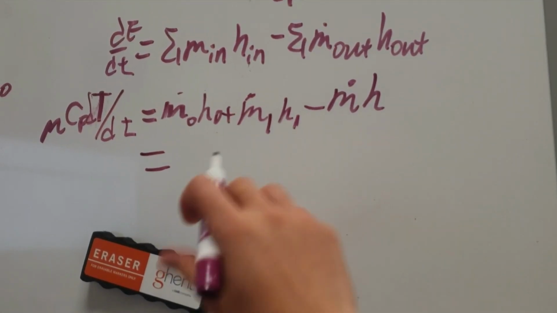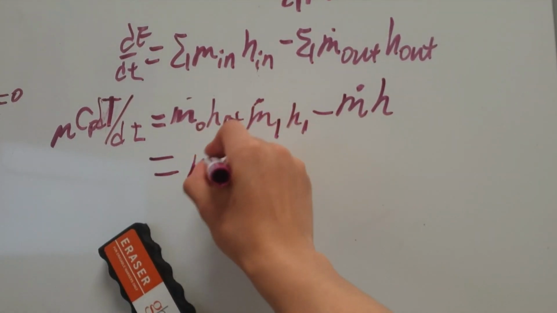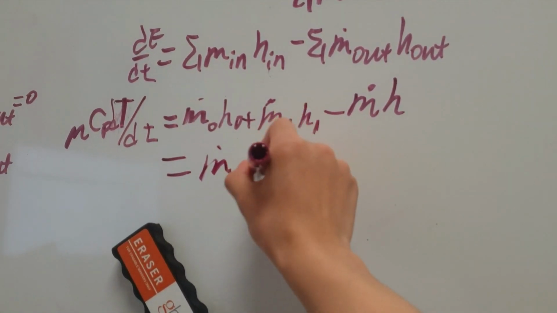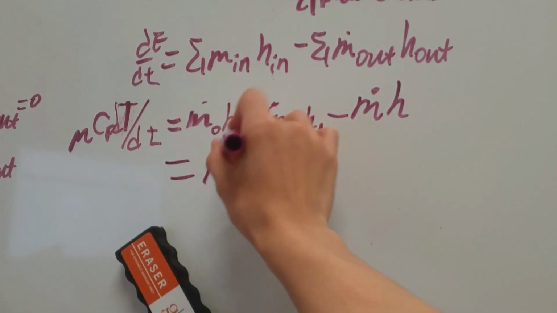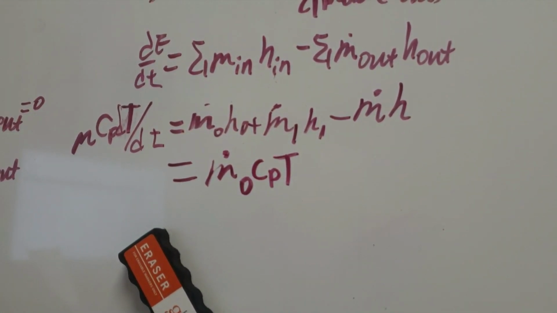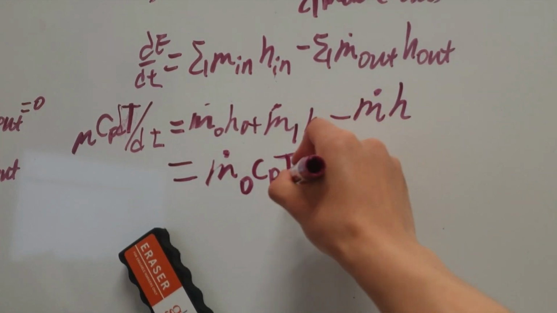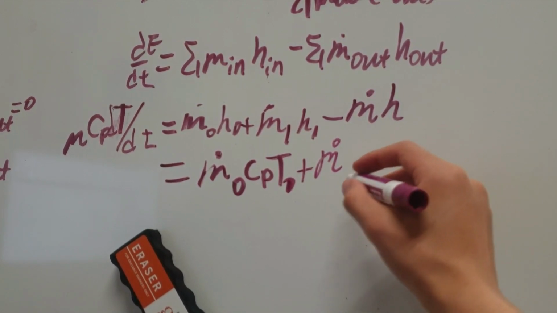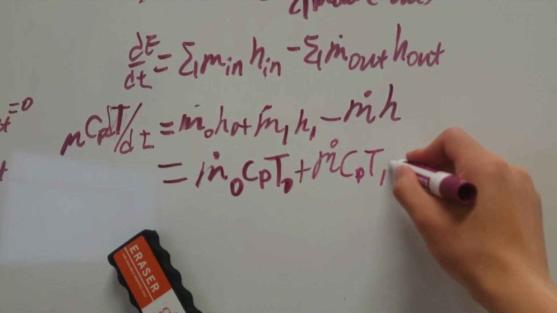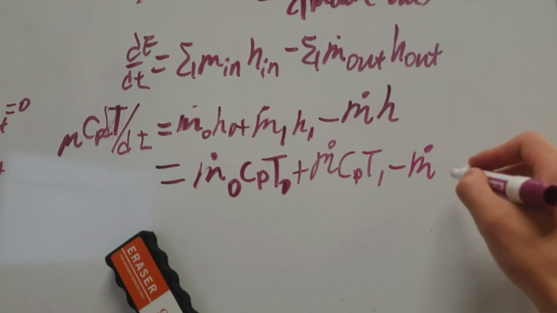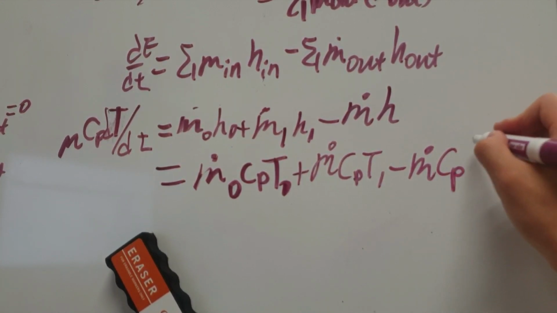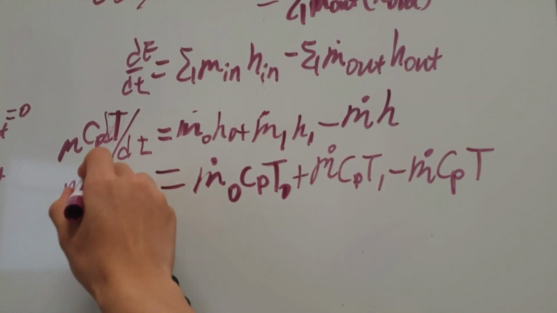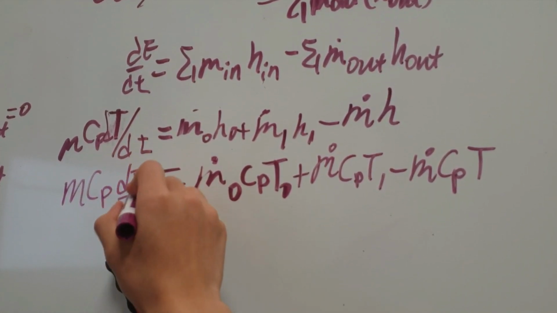You'll be able to see that the units work out once I change the h into cp T, where cp is the specific heat and T is the temperature. So m dot 0 cp T0 plus m dot 1 cp T1 minus m dot cp T, and we'll have the same thing from the top over here.